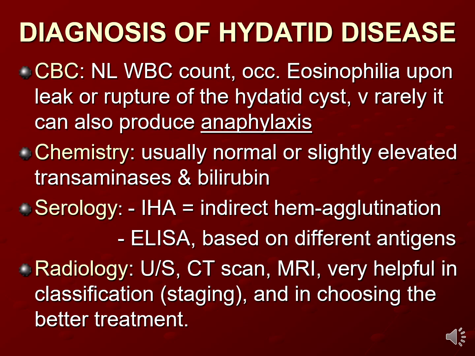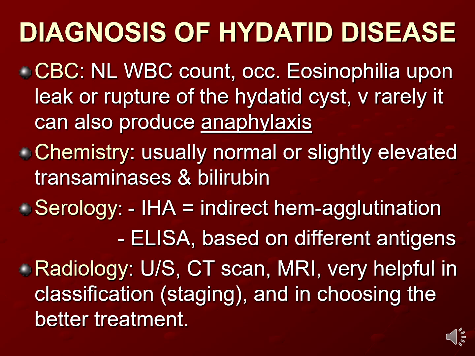The liver enzymes may be elevated sometimes if the cyst grows large in the liver, and usually those cysts involve the liver in about 60% of the cases, and the lungs in about 30% of the cases, and the other 10% will be distributed anywhere in the body, like 1% in the brain, 1% in the bone, 1% soft tissues, 1% the spleen.